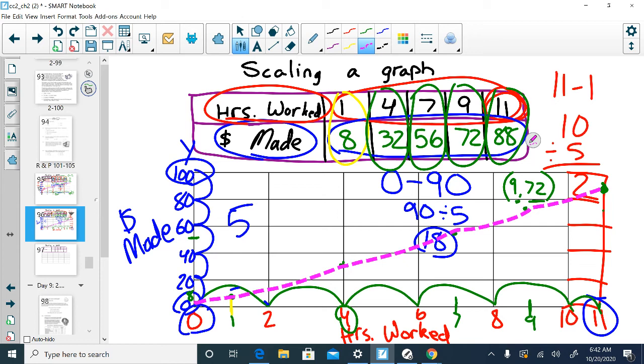So there's a correlation here, and we see our steady increase between hours worked and money made. All right, so one more time, when we scale the graph, we're going to divide, first off, the range of our graph by the number of jumps we would make, or the increments that we see.